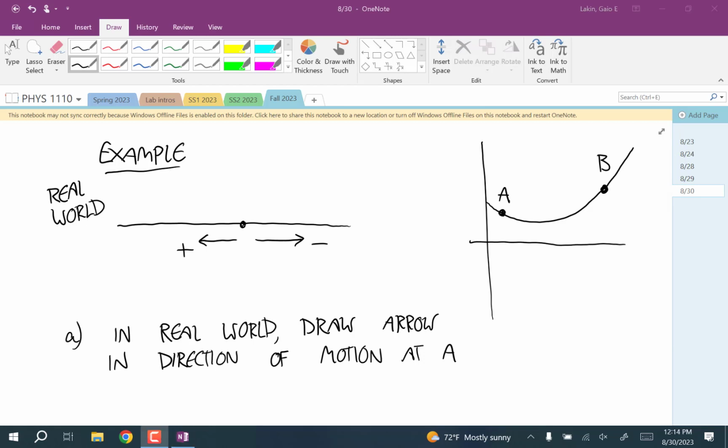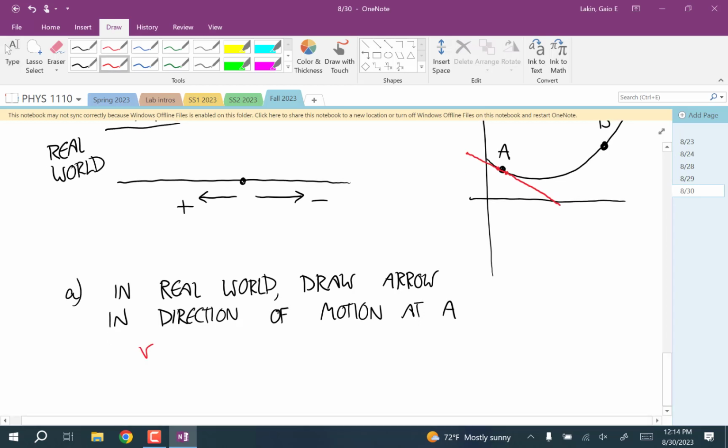Okay? Okay, so for the point A, first we have to figure out what the sign of the velocity is, and that's going to come from the position versus time graph. So I'm going to draw 2 points nearby to the instant that we care about. Draw the line through them, so that's the tangent line. Does that have a positive or negative slope? Negative.